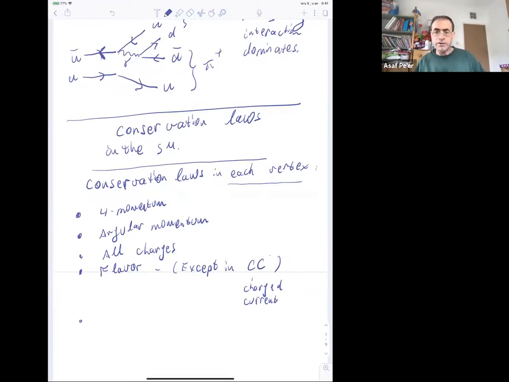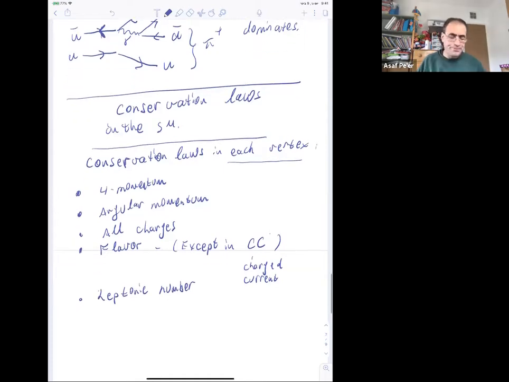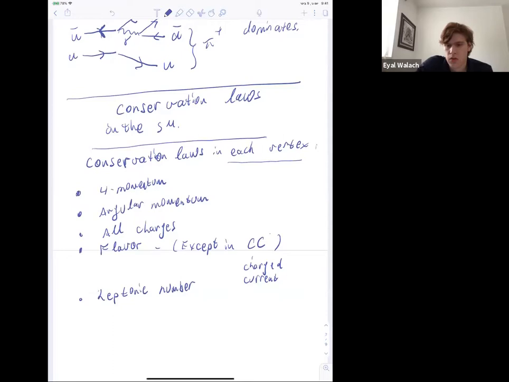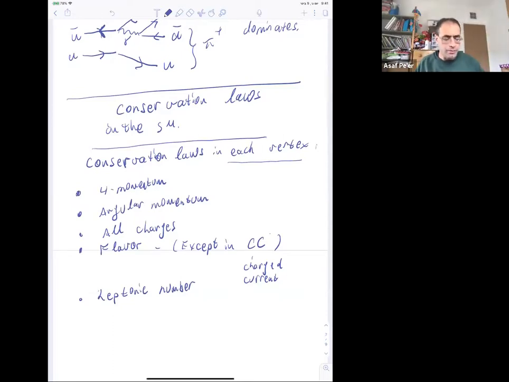Another conserved quantity is the leptonic number. And we have a leptonic generation number. So we said we have three generations, and we can either call it electron number, muon number, or tau number.